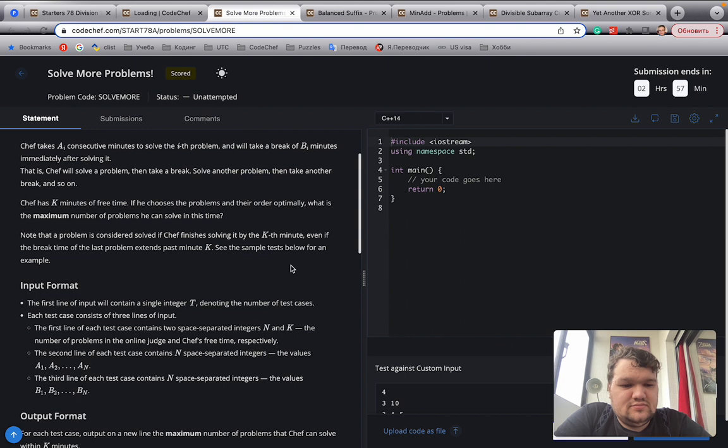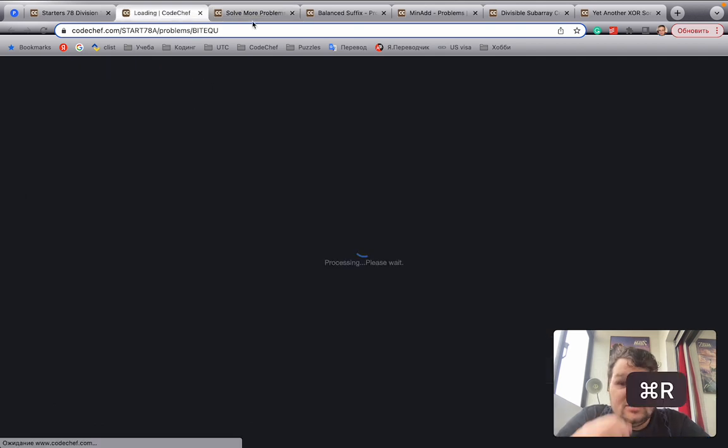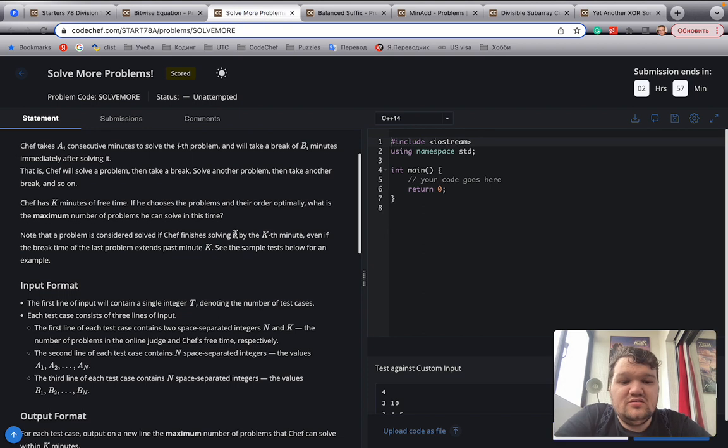So for a fixed set of problems, the last one should be the one with the biggest value of b, and then the time we will spend is the sum of all a and b minus the maximum of b.